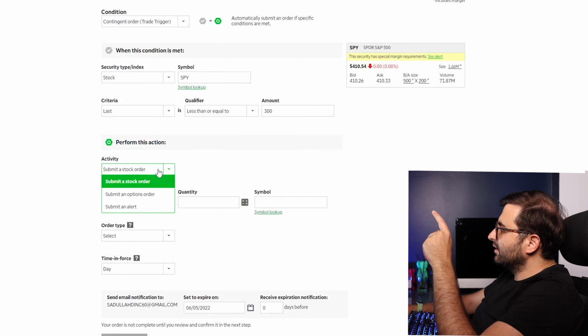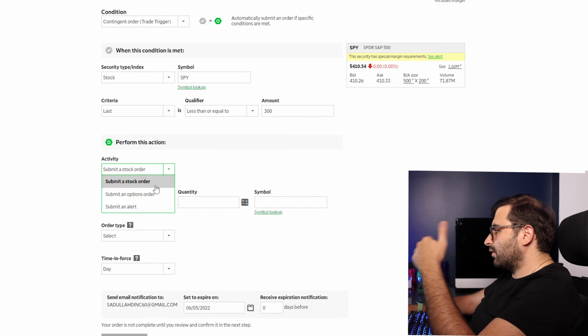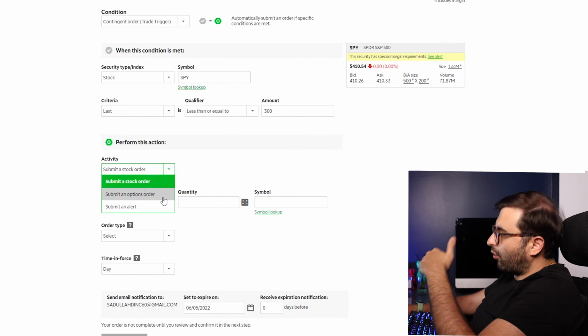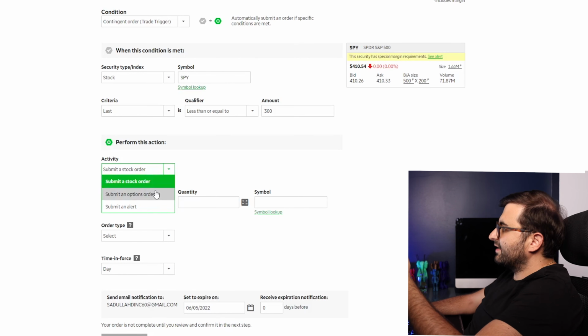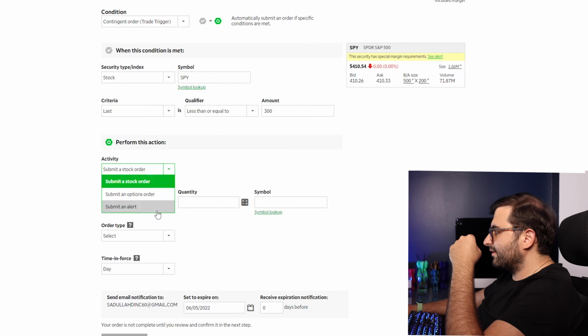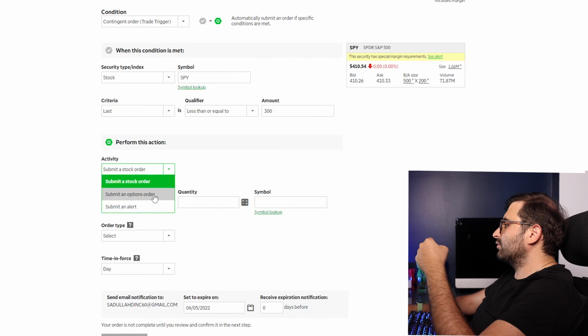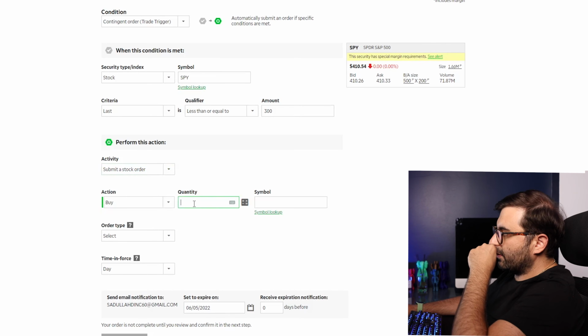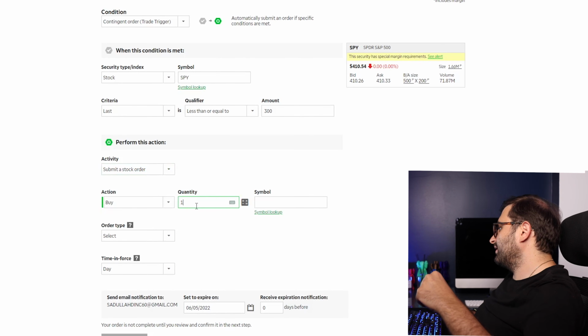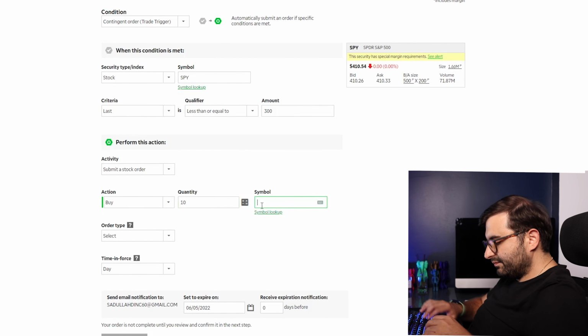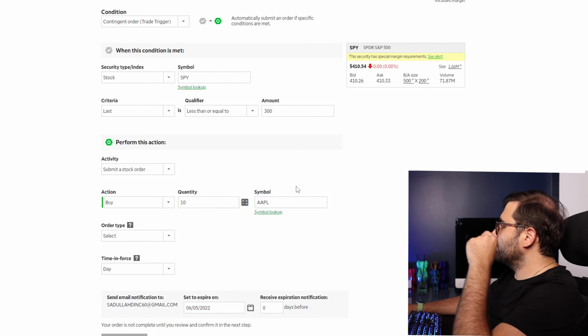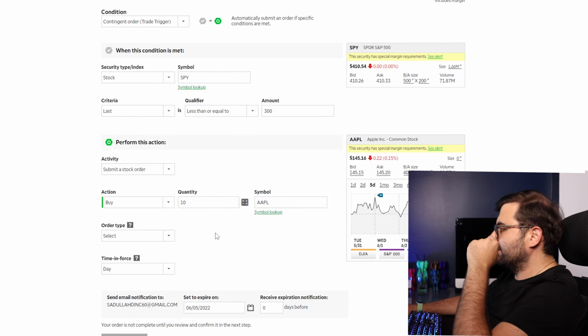What is that action? I can submit a stock order, I can submit an options order, or I can submit an alert for myself. So let's say I would like to submit a stock order and I would like to buy 10 Apple if SPY drops to $300.